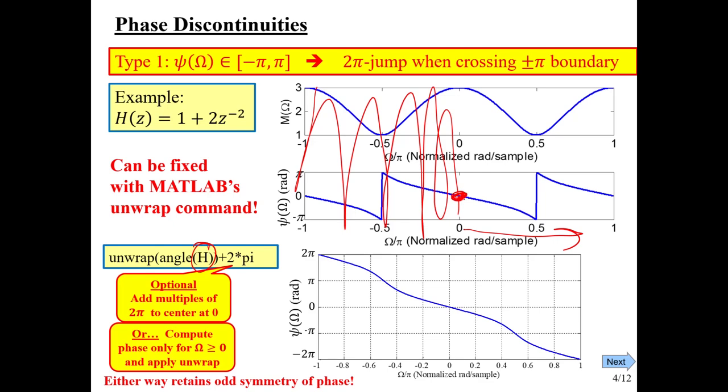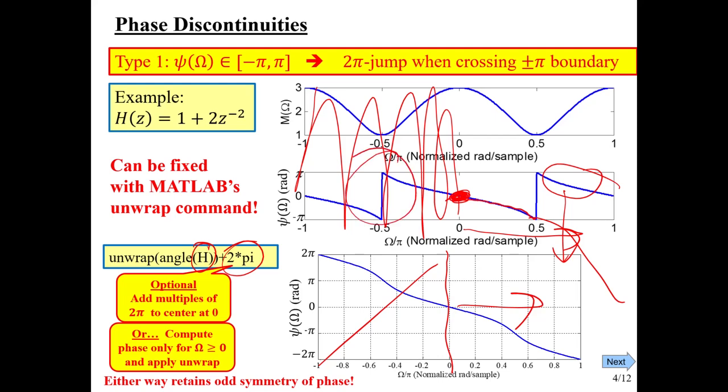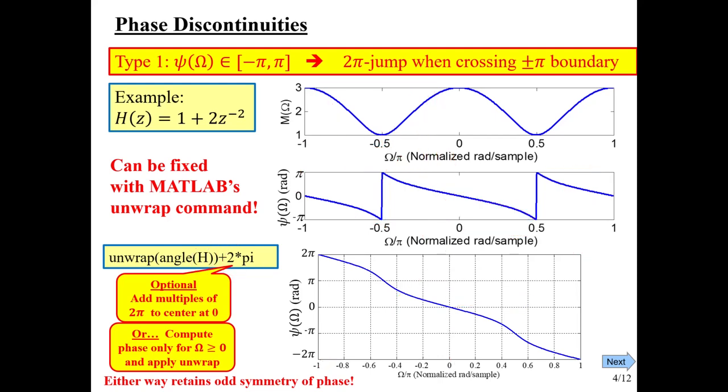So the unwrap will leave it at 0 because it doesn't make a change until here. Now it's going to bump that down. And so this plot would start right here. And we would not need that 2 pi because unwrap didn't have to adjust that point, because it never sees that discontinuity. So either way, retains this odd symmetry. One way shows it explicitly, and the other way, we know that if we've done this the way we should do it, and are just showing the positive frequencies, the negative frequencies will have that odd symmetry.